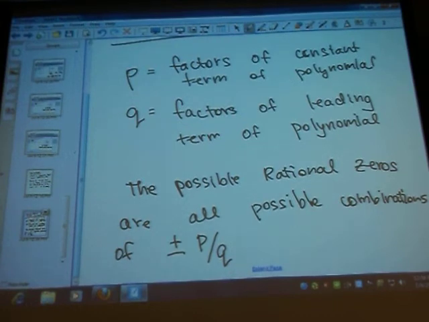Rational zeros, so whole numbers or fractions. Okay. Yep. So not zeros that have square roots in them, not zeros that have i in them. So there may still be other zeros that are not caught in this list.